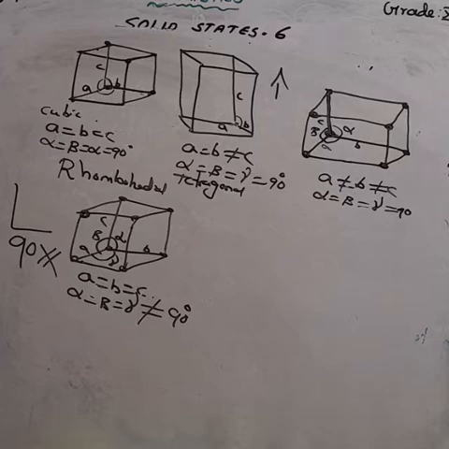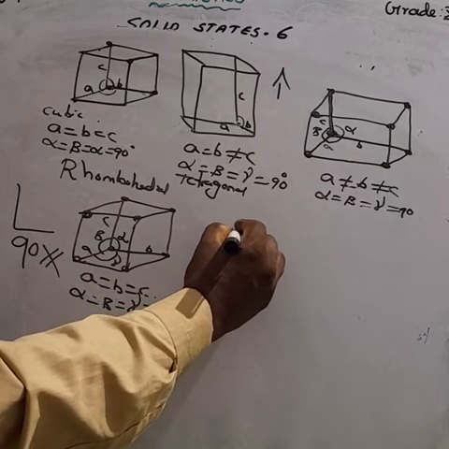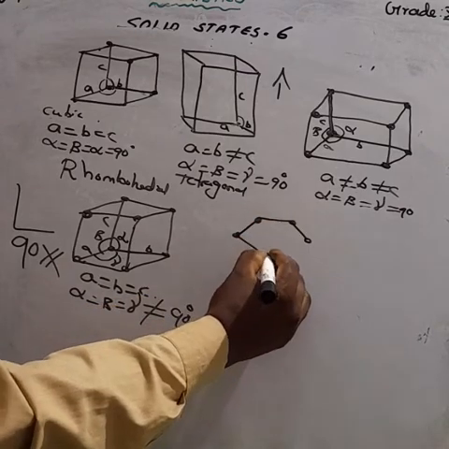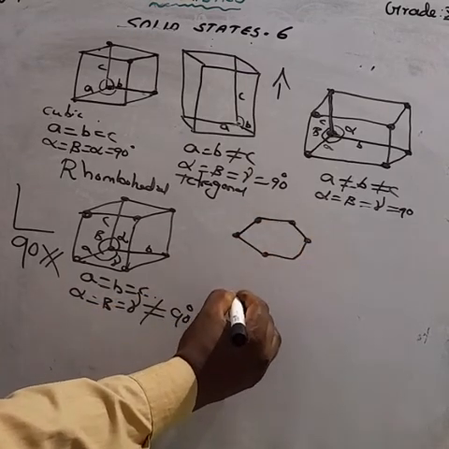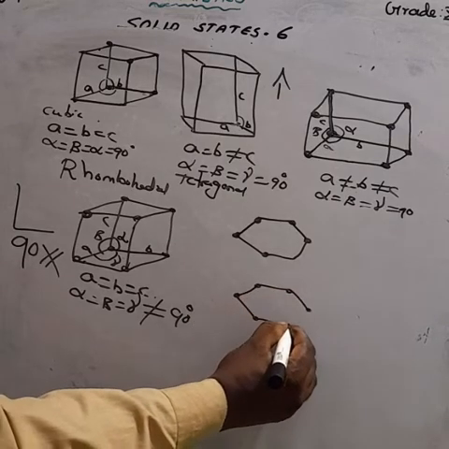Next about hexagonal. Fifth one is about the hexagonal. I am drawing the diagram for hexagonal. First start like that.